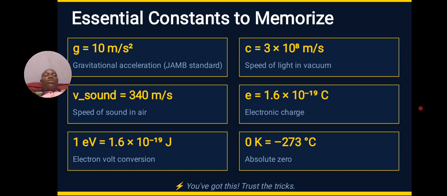That's the electron volt conversion. 0 Kelvin is equal to minus 273 degrees Celsius. 1 electronic charge is equal to 1.6 times 10 raised to the power minus 19 coulomb. And the speed of light in a vacuum, c, is equal to 3 times 10 raised to the power 8 meters per second.